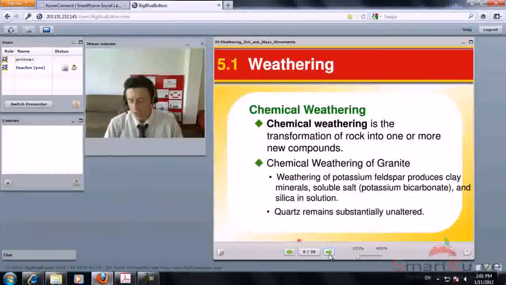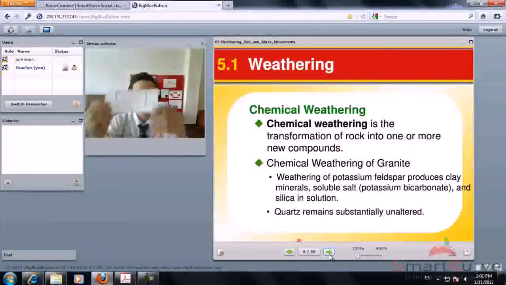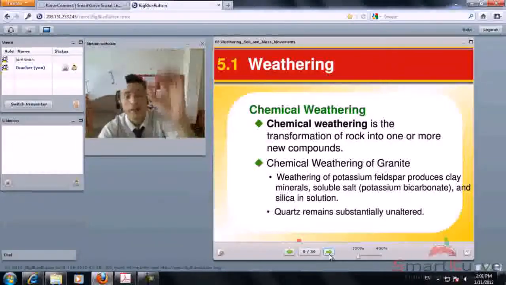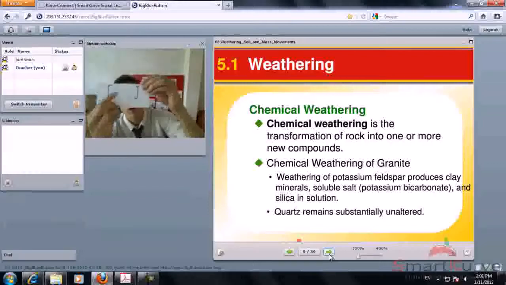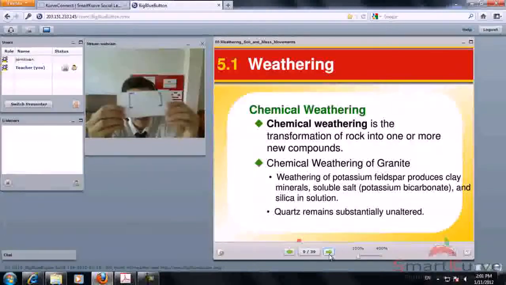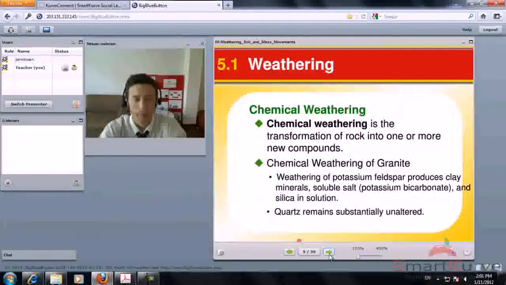To understand why that is, remember what we learned about quartz. Remember, quartz is just silicon and oxygen. It's just a repeating pattern of silicon and oxygen with 2 oxygen atoms for every silicon. So it's very simple.